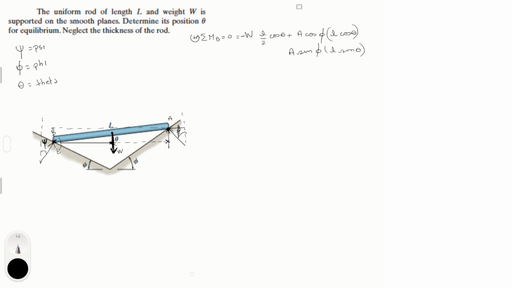If you notice, L is in all three terms, and you have a 0 on the other side, so you can easily divide both sides by L and take it out, and that will simplify the equation.